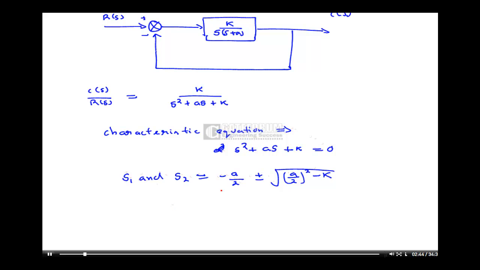Now the parameter which can be varied here is either A or K. Generally, in root locus, I will change the gain parameter.